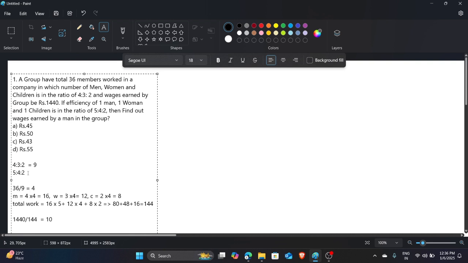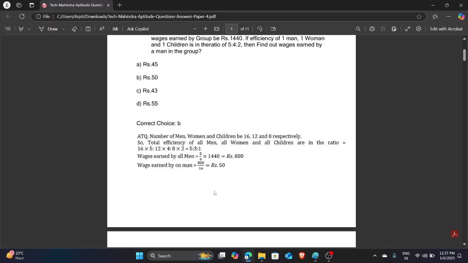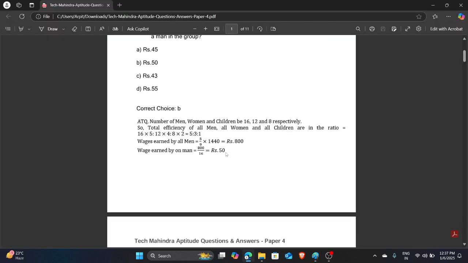Now, the men are how much? They are asking for the men. The total number of men is 16, and one man can do 5 units of work in a day, so multiplied by 5 we get 50. So I think this is the answer, and we can check. 800 is the answer.